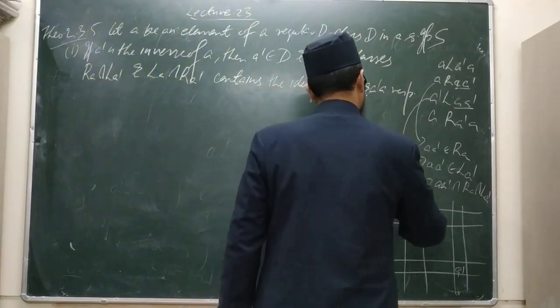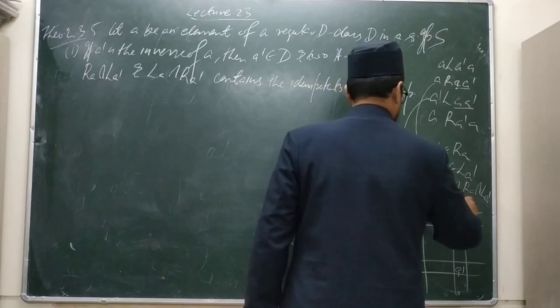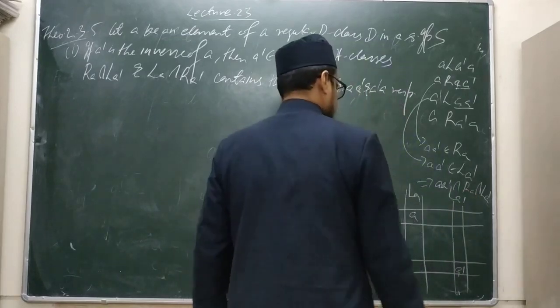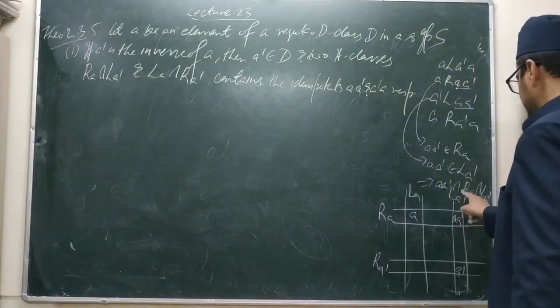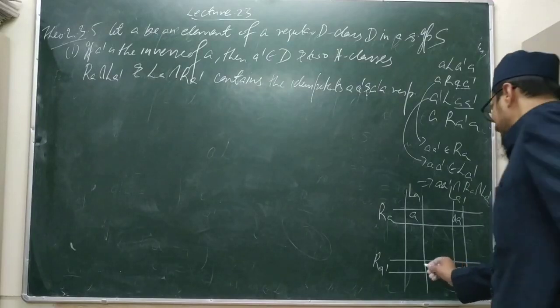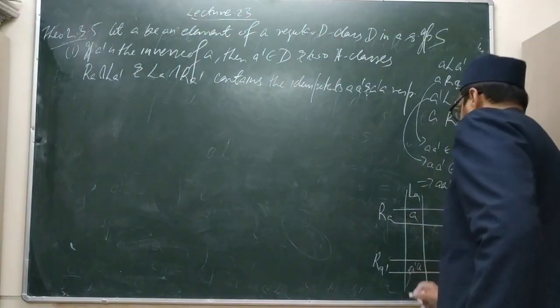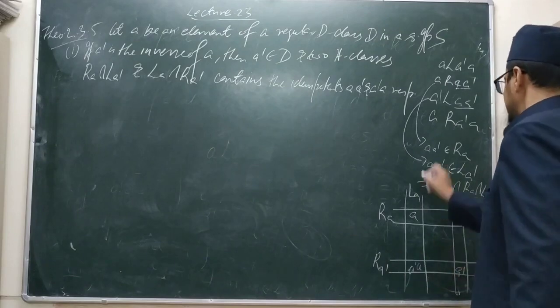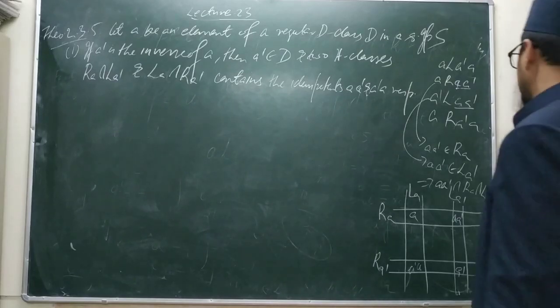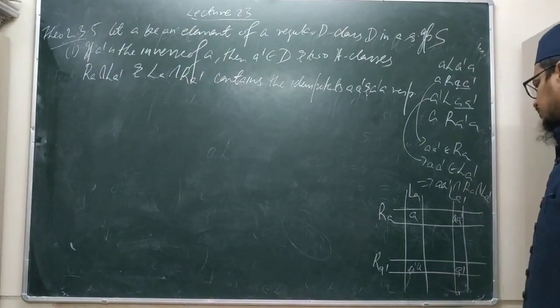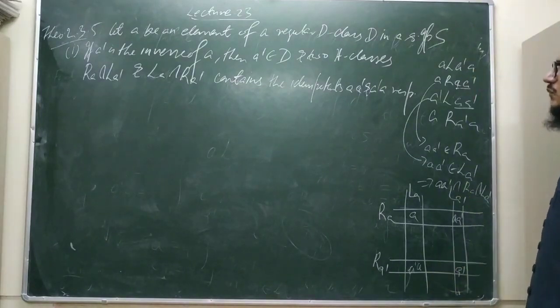This is L_a, this is R_a, this is L_a', this is R_a'. So aa' will be here, and aa' belongs to R_a intersection L_a', and here a'a belongs to R_a' intersection L_a, isn't it? So it is clear. The first part is trivial.